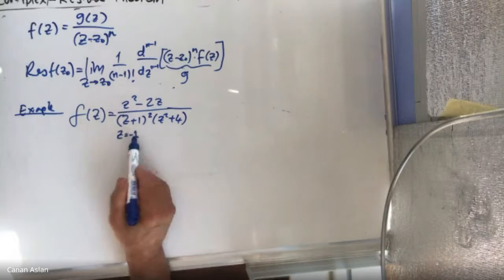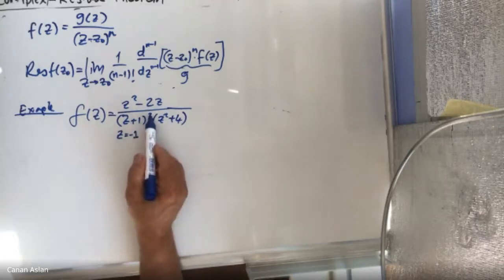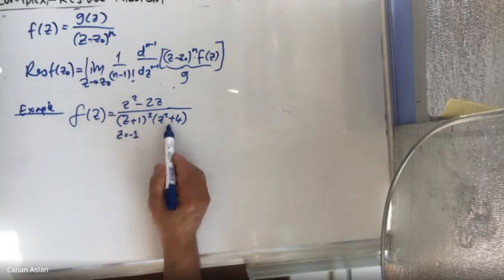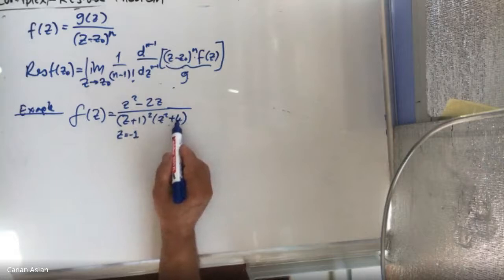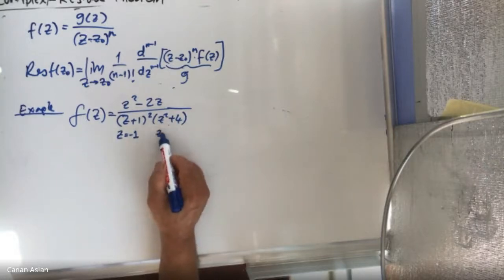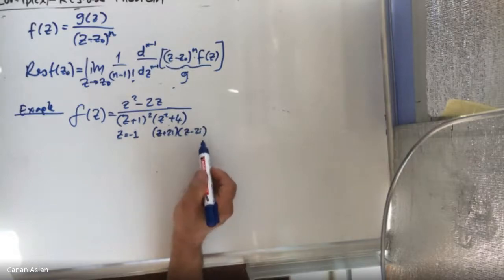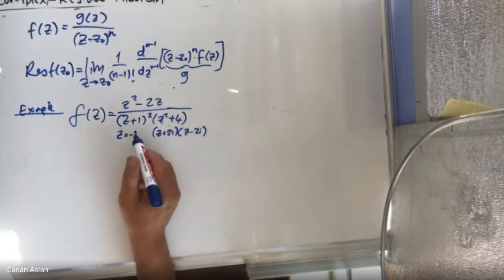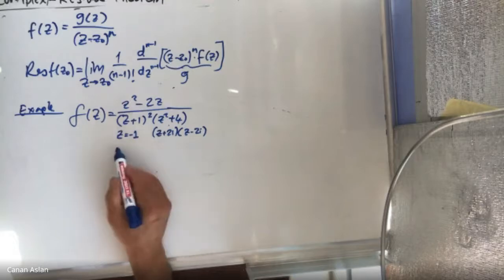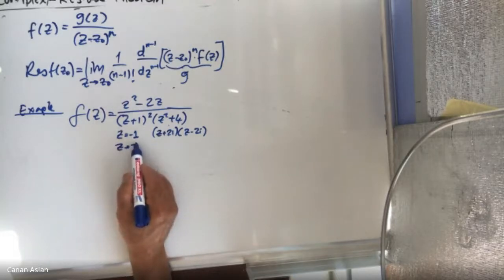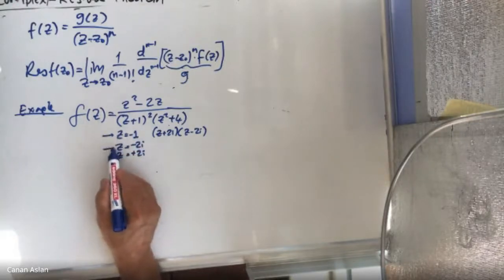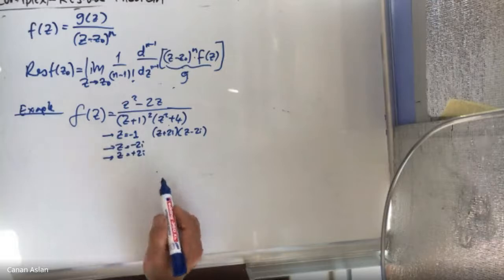Here, z squared plus 4 can be written as z plus 2i and z minus 2i. So from here, we can see that z equals minus 1, z equals minus 2i, and z equals plus 2i are the poles or the singular points for this example.